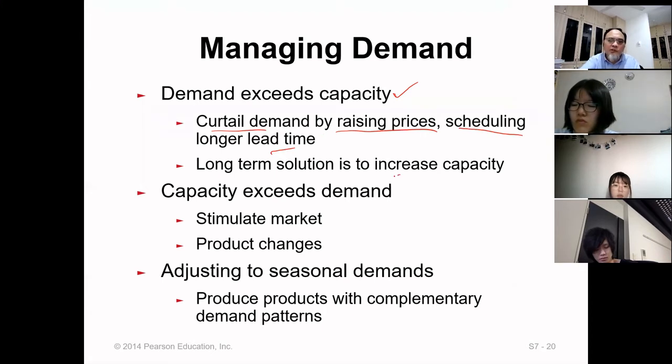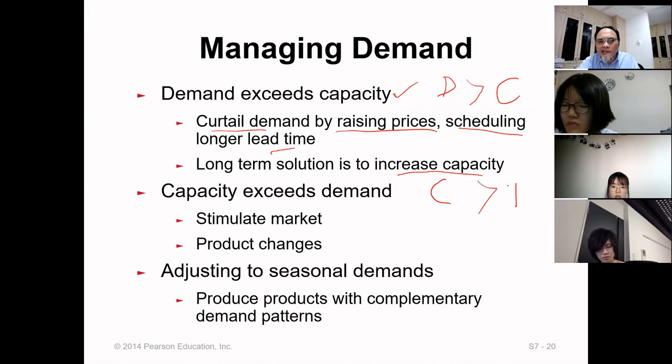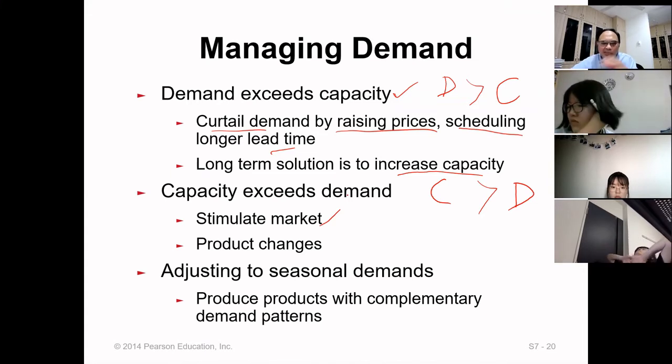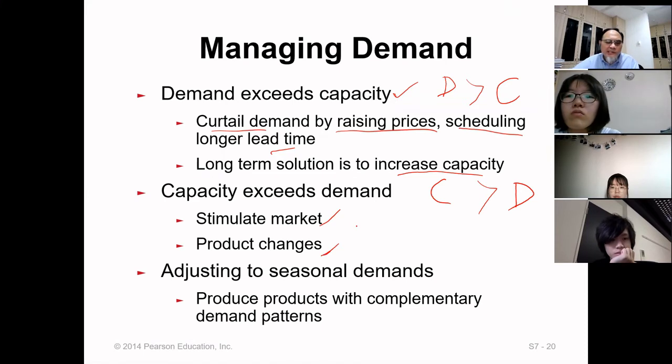But the long-term solution is to increase capacity, because demand is greater than capacity. If capacity is greater than demand, you need to stimulate the market with sales, low prices, because you have too many products, or have product changes, new models, new designs, or adjust to seasonal demands.